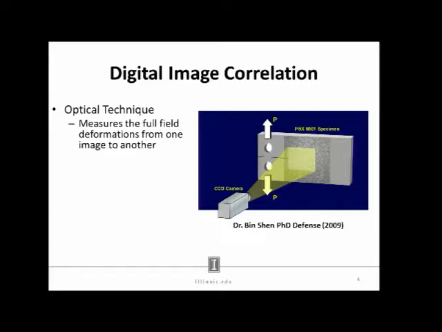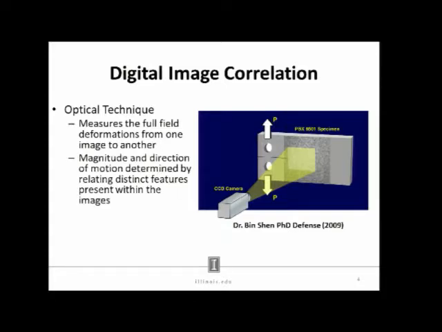And basically all you're doing is taking a CCD camera or a high-powered SLR camera so that you can take images of a specific region of interest and look at it at one point, and then after you load it or after a certain period of time, you can analyze how much deformation that specimen has gone through, specifically evaluating the full field characteristics and allowing you to measure the direction and motion of distinct features.